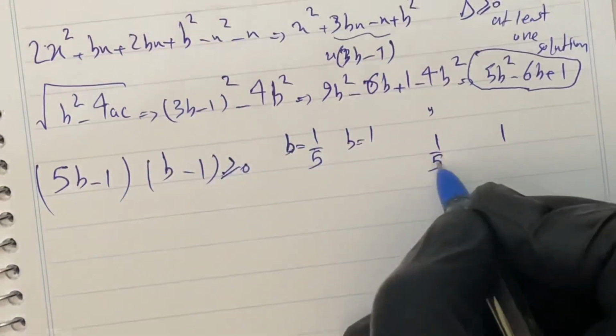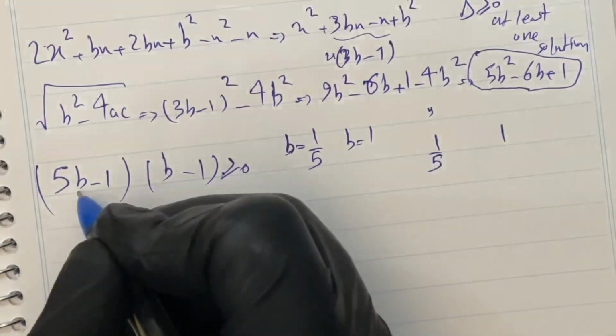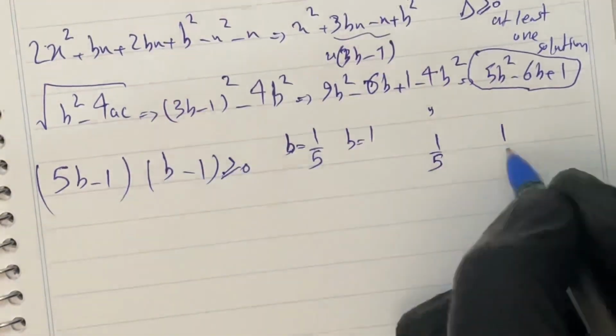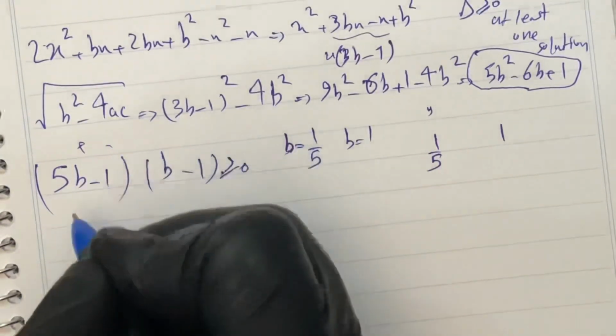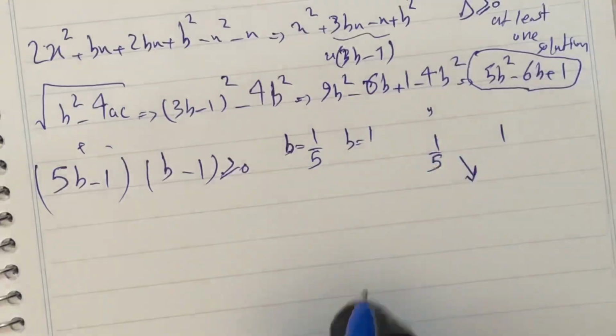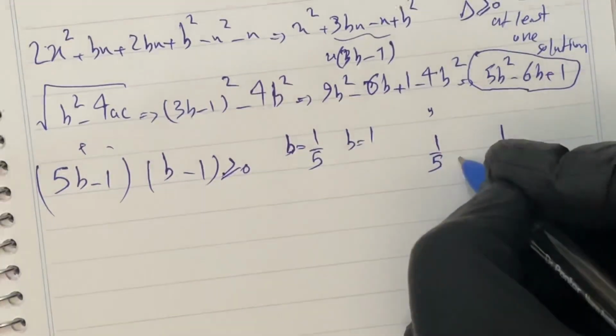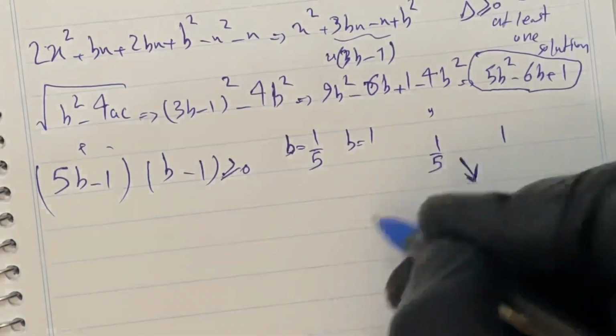If our b is bigger than 1 over 5, this would be positive, but it's lower than 1, so this would be negative. So positive multiplied by negative is negative. This is negative. And let me show you my trick here. If you just determine one sign here, you can do this in a row.